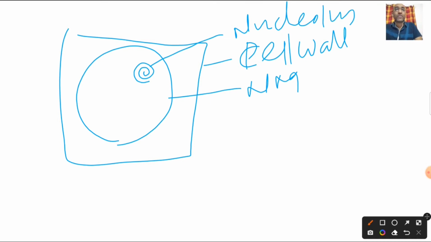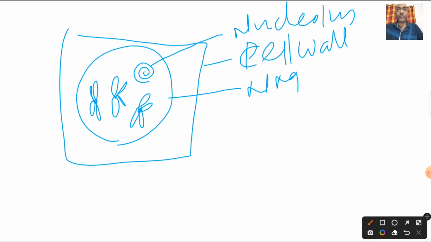Then the chromosomes, each consisting of 2 chromatids. Let us take 3 chromosomes, it will be easier for us: 1, 2, 3. So 3 chromosomes are present. This is what prophase is.